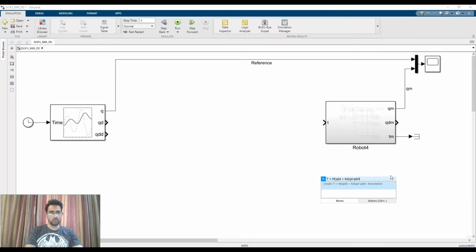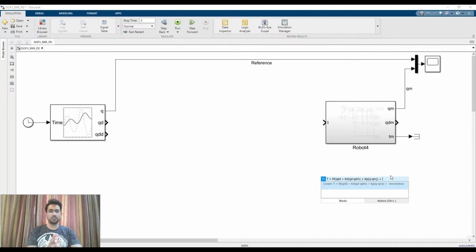So I am writing qd dot, which is the desired velocity, and q m dot, that is the measured velocity. And after that I have to add Kp multiplied with error, that is desired angle minus measured angle. So this is what is going to be multiplied with the mass matrix, and this will be the first portion of the torque that we need.